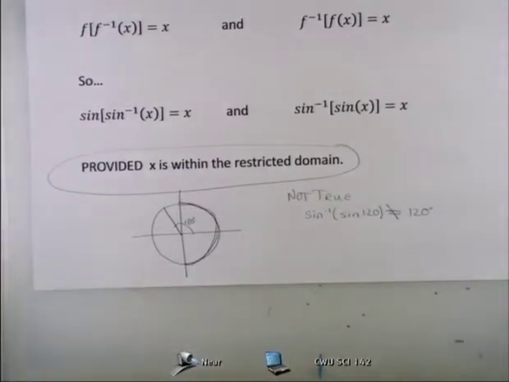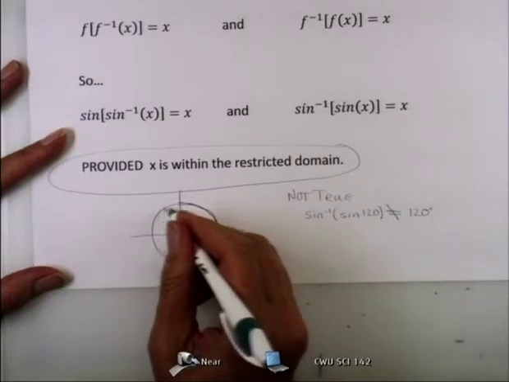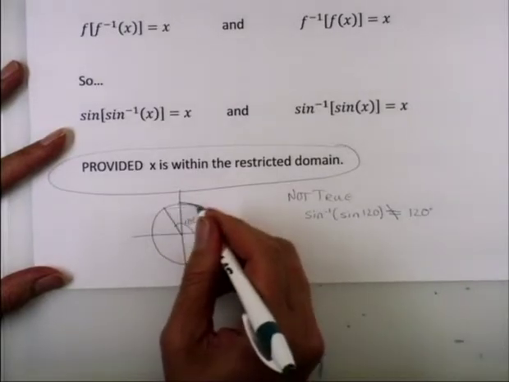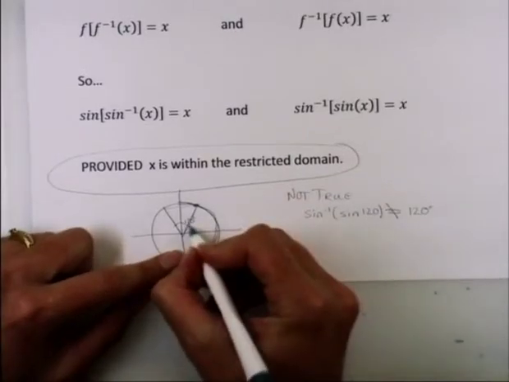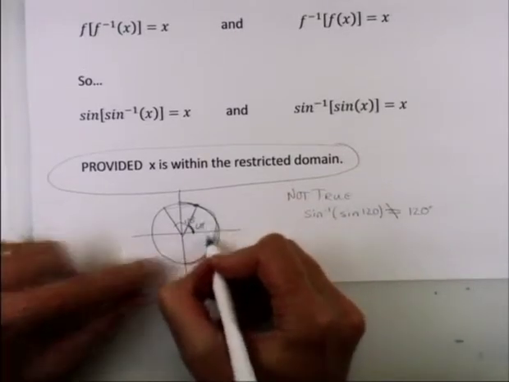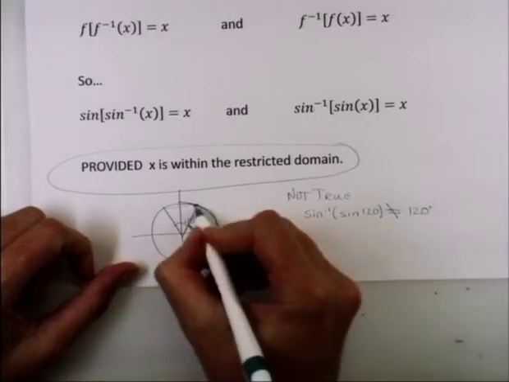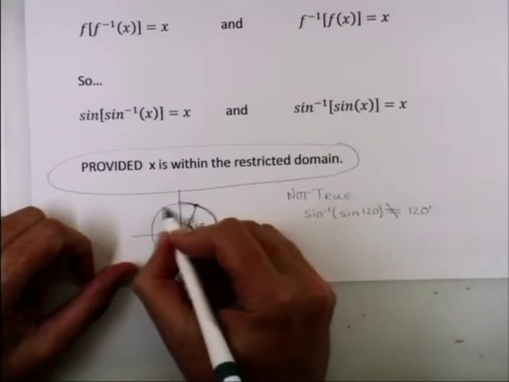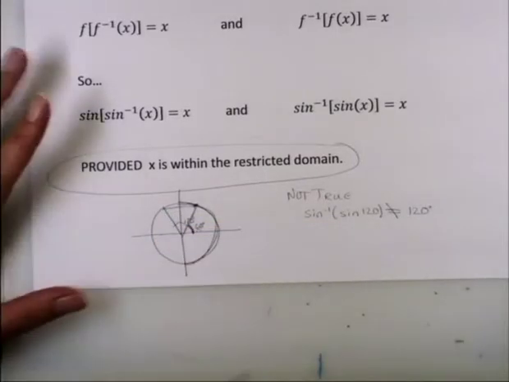So what I need to do visually, to get through this problem, is project or reflect this into quadrant 1. I know that the sine value of this angle, which would be 60 degrees because it's 180 minus 120, is the same as the sine value of 120 degrees.